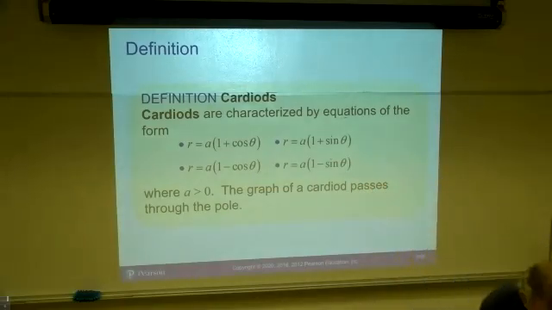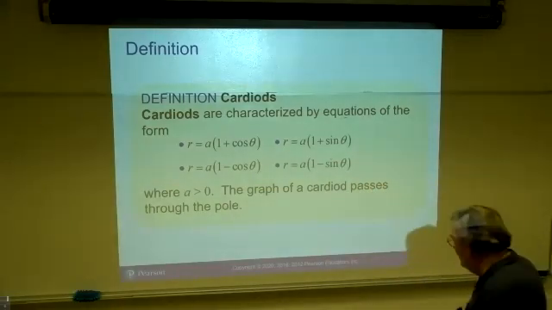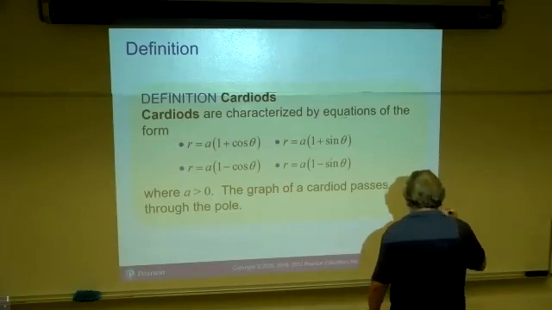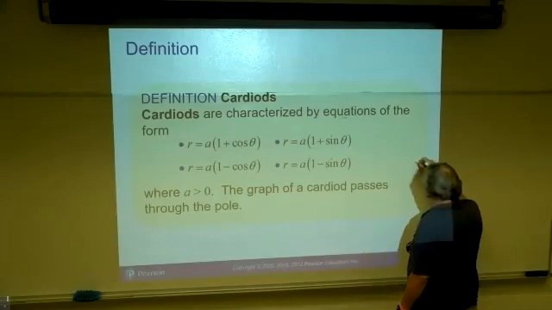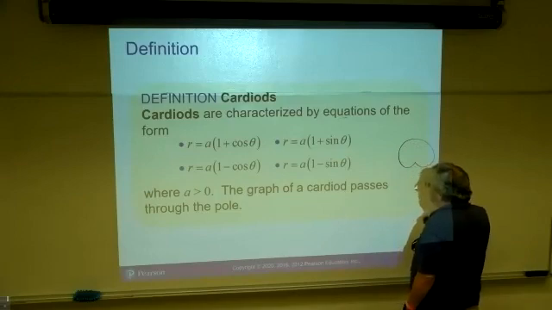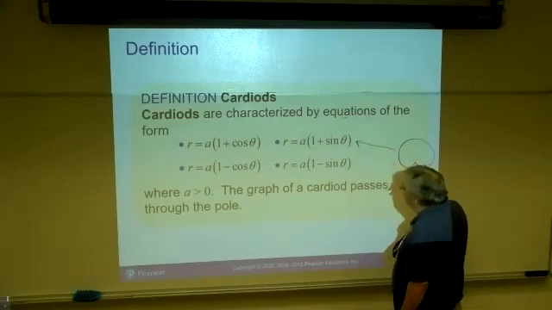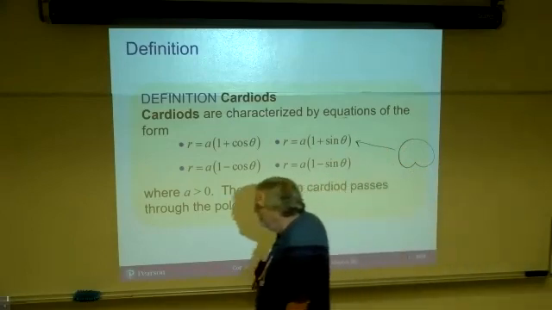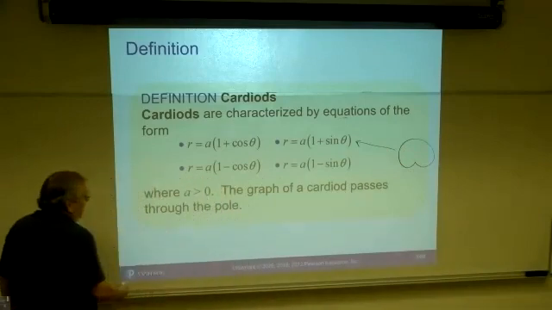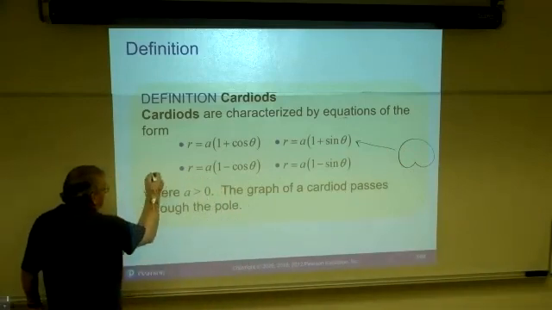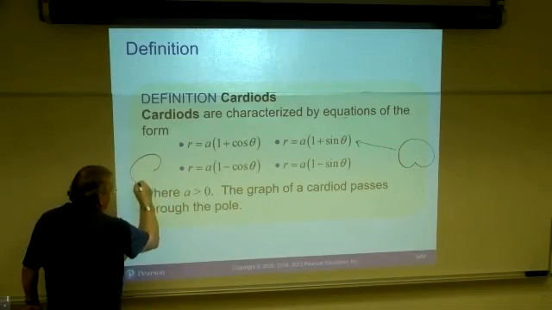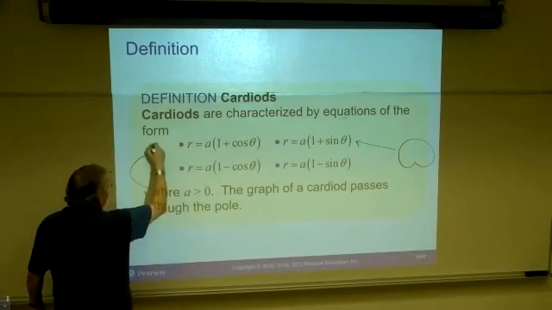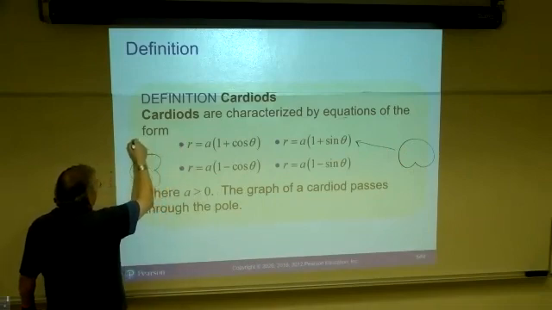It's still going to be symmetric about the pi over 2, but it's going to be like this shape now for this one. And when it's cosine, it's like it's laying on its side. And this one is going to be like this. And this one's going to be going the other way.